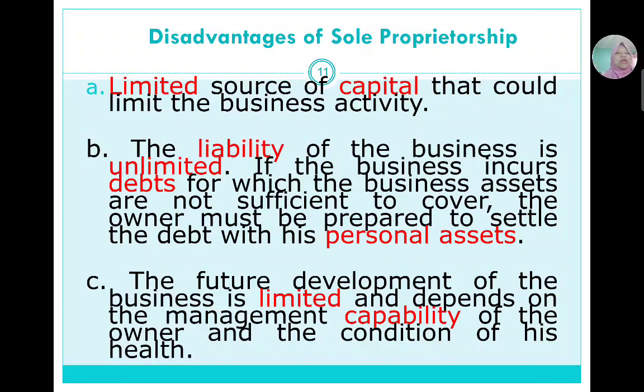Liability here means if you apply for a loan in the bank and you have collateral, like pledging land or a house, and your business goes bankrupt, you are the only one who will pay the loan. If you cannot repay the loan, maybe due to the failure of the business, you need to sacrifice your personal assets to pay the debt.